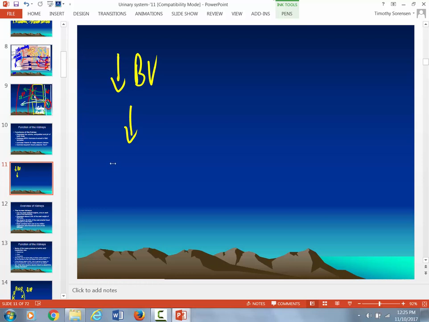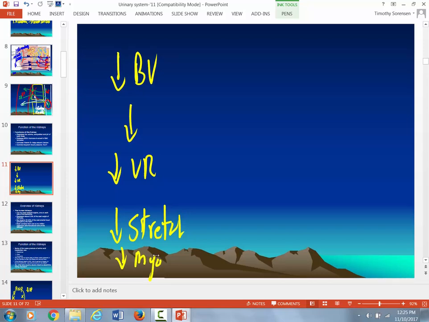Now watch. Decrease venous return. Decrease stretch. Right? Decreased alignment of actin and myosin. So what's going to happen to the force of contraction of the heart? It's going to decrease, right? So that's going to decrease systolic blood pressure.